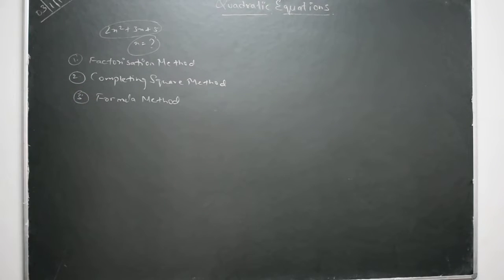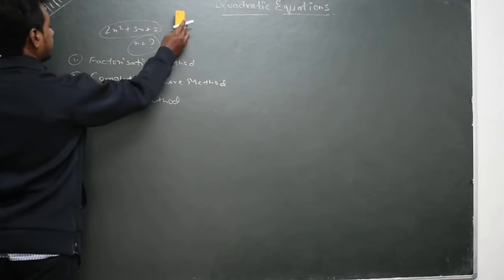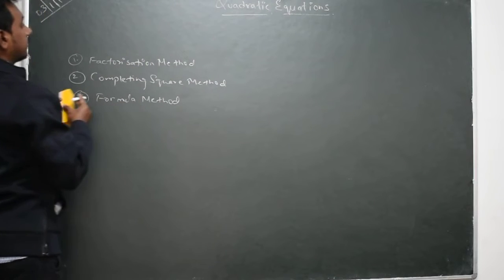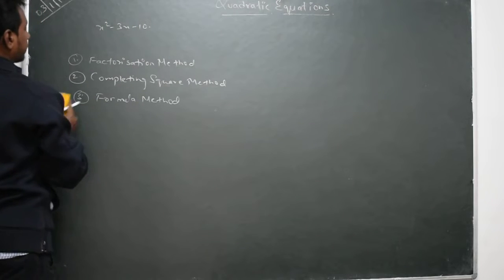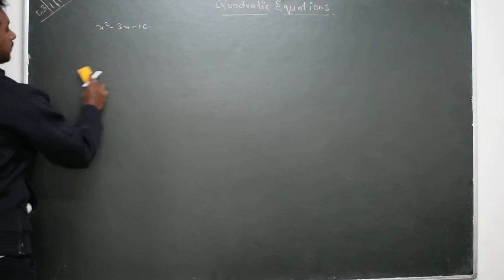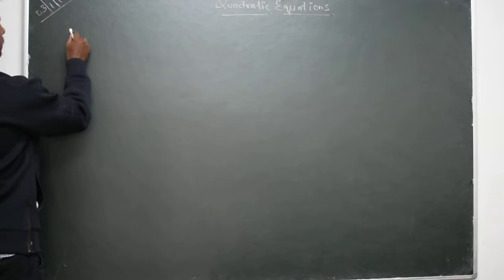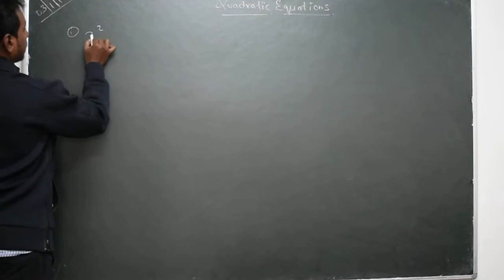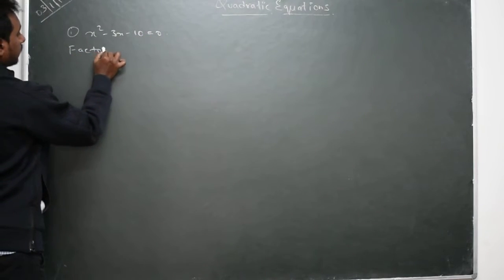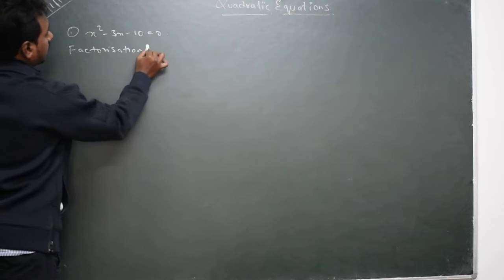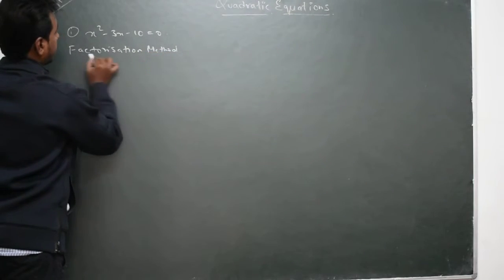Say, for example, in your second exercise, first problem: x square minus 3x minus 10 equal to 0. Suppose we are doing this in the factorization method.